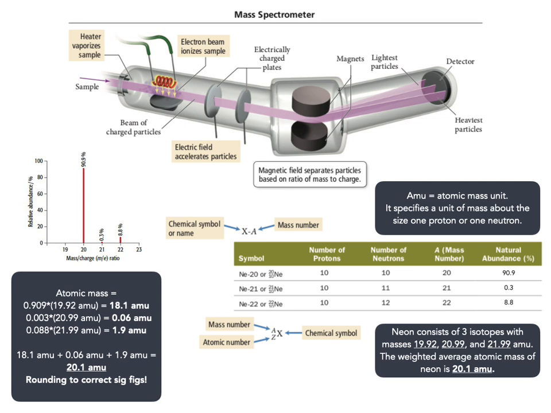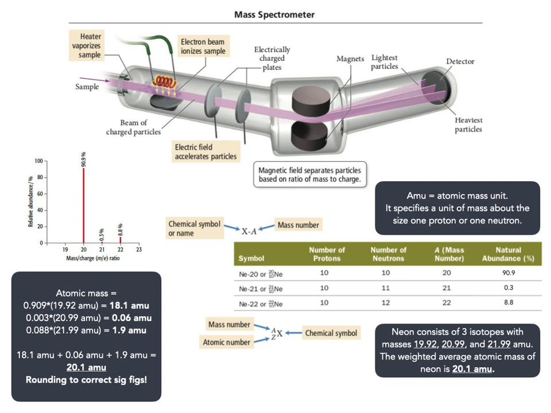The position of each peak on the x-axis indicates the mass of the isotope that was ionized, and the intensity, indicated by the height of the peak, indicates the relative abundance of that isotope. We learn that because of isotopes, the atoms of a given element often have different masses.